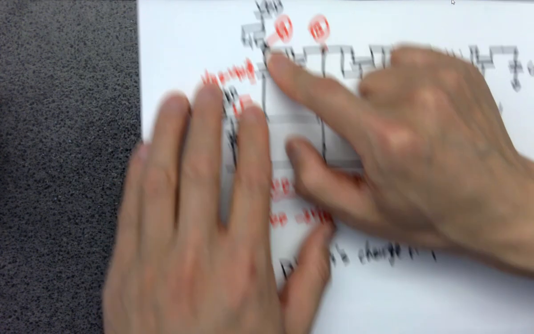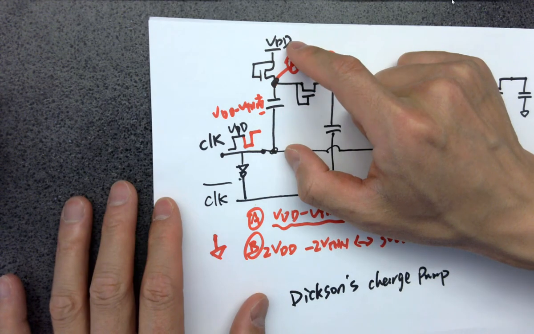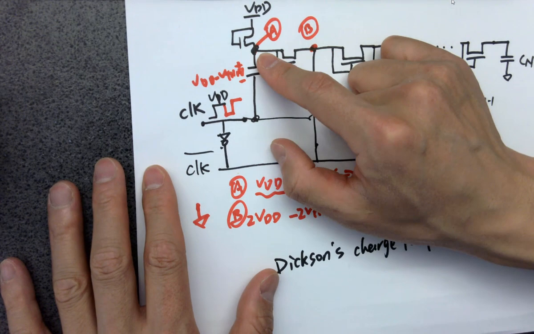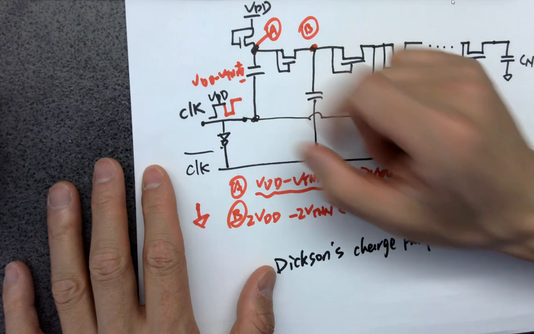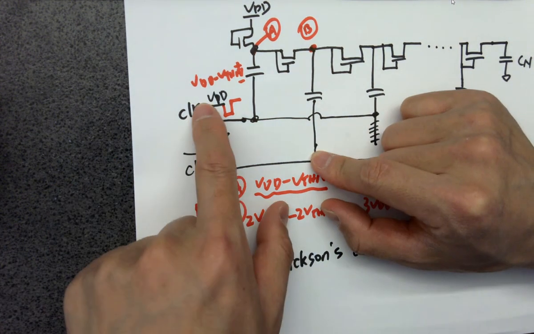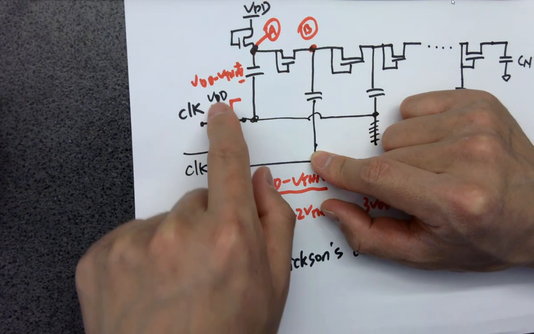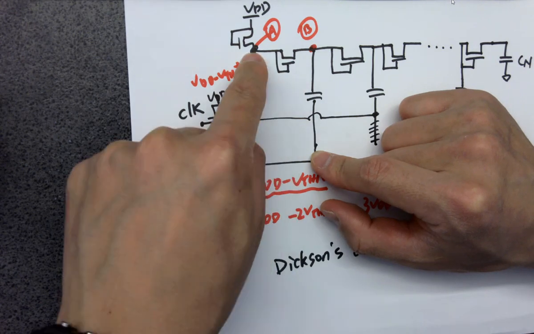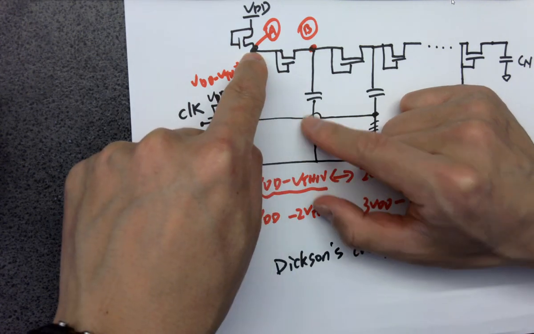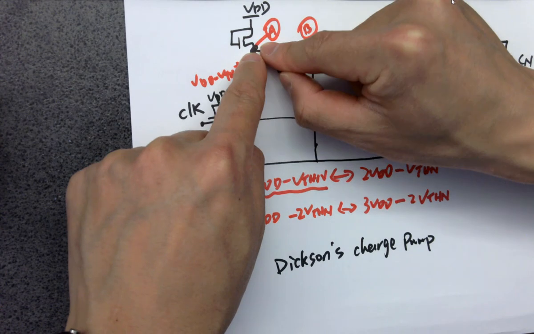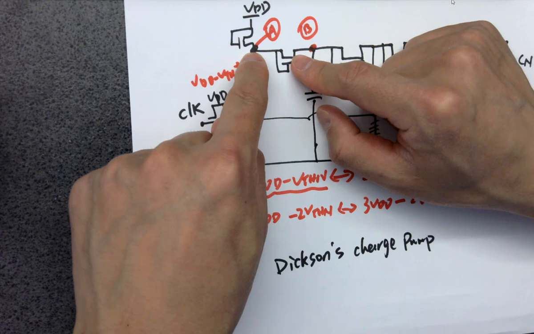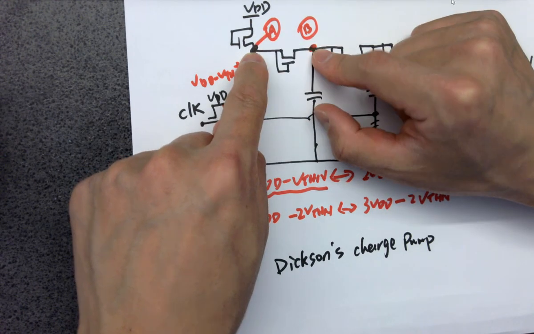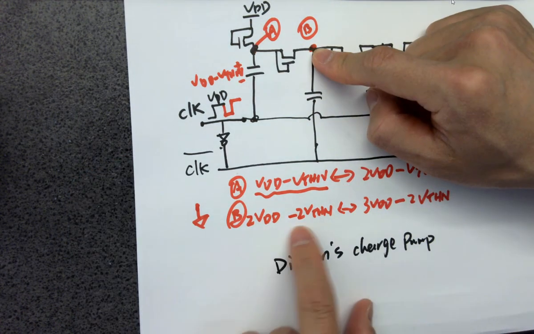And what you get here is similar to what you had over here for the VDD. Whenever this is pulling, this is pushing, right? So when this is pushing, you are getting 2 VDD minus VTHN. And when this is pulling, it's pulling all the 2 VDD minus VTHN to this point, but it's losing another VTHN. So eventually you are getting 2 VDD minus 2 VTHN, which is over here.